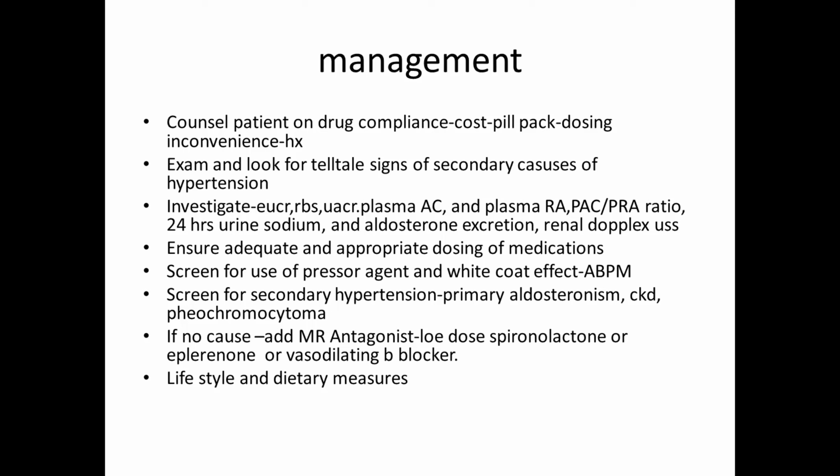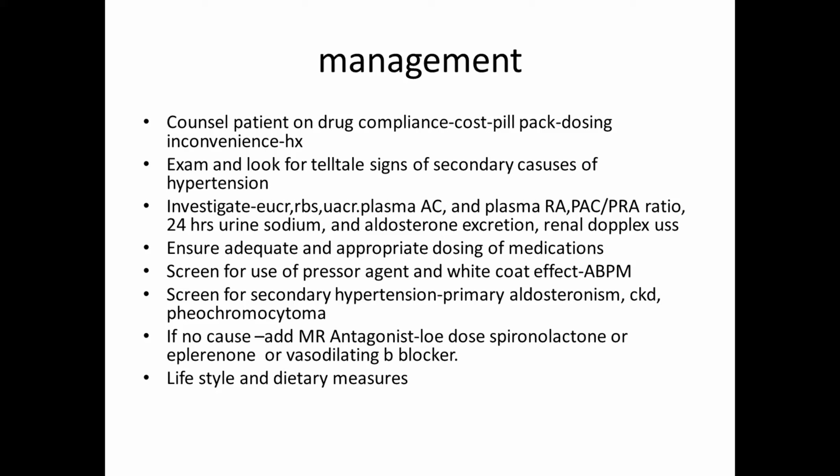Then you also want to examine and look for telltale signs of secondary causes of hypertension. Then you want to do the following investigations: electrolytes, random blood sugar, urine albumin creatinine ratio, plasma aldosterone concentration and plasma renin activity.